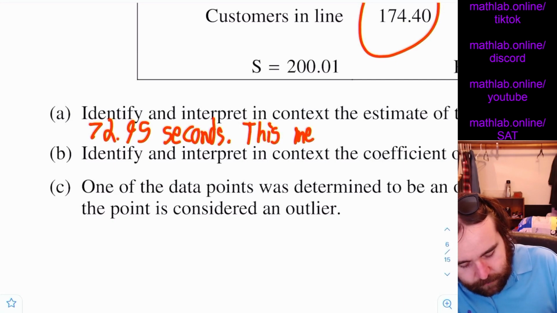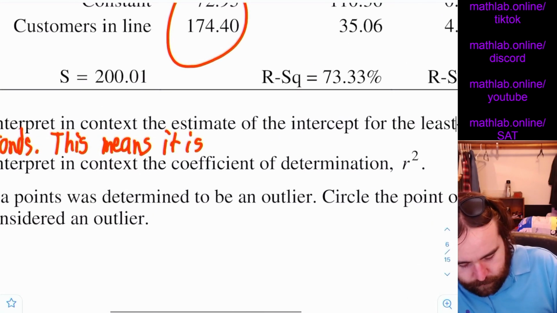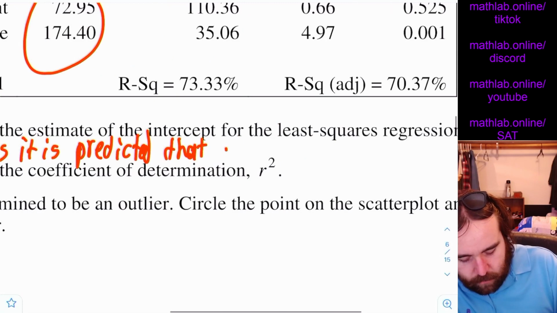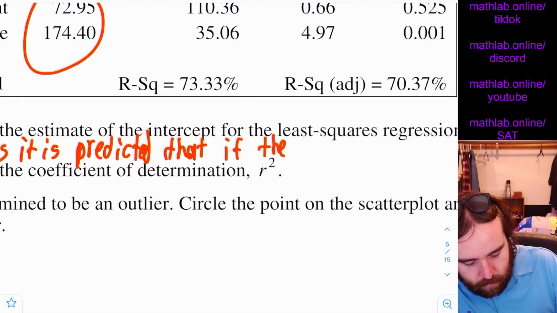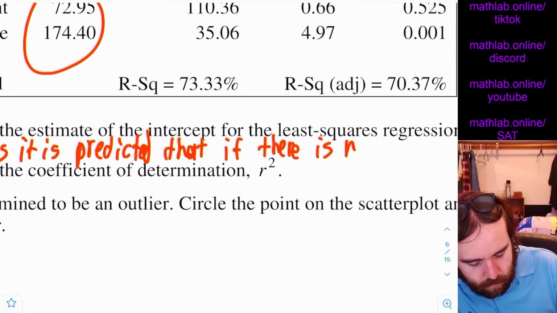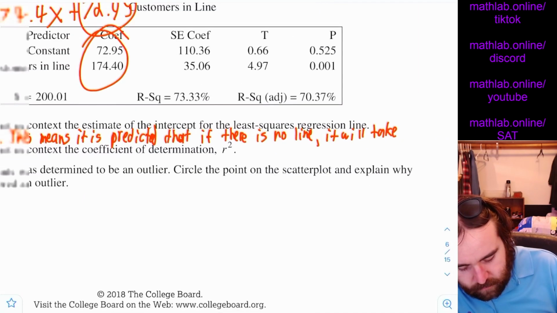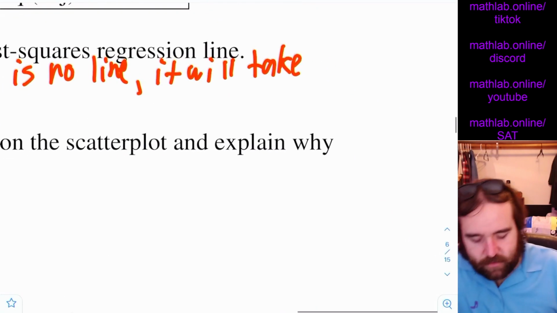This means it is predicted that if there is no line, it will take 72.95 seconds to check out.